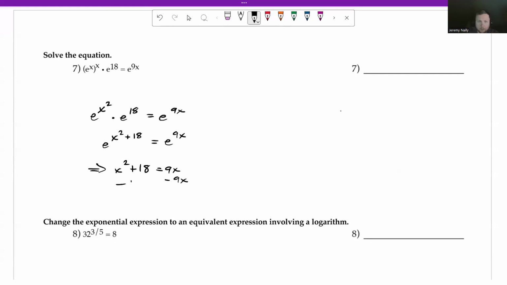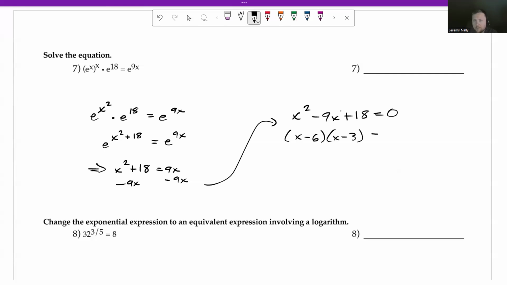Subtract 9x from both sides. And now I have a quadratic equation to solve. So I have x squared minus 9x plus 18 is equal to 0. I can factor that. So I get x is equal to 6 and x is equal to 3.